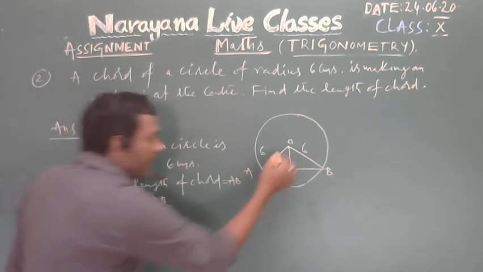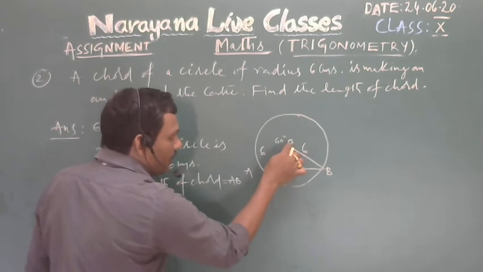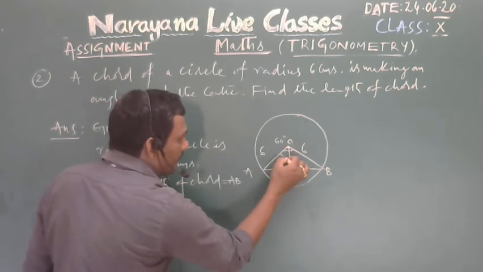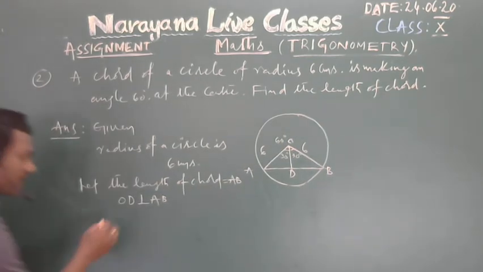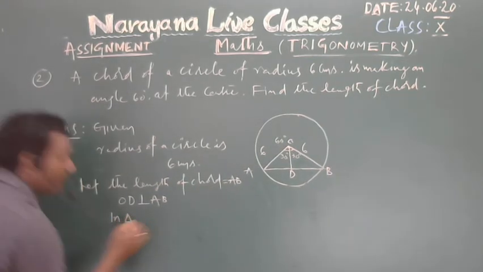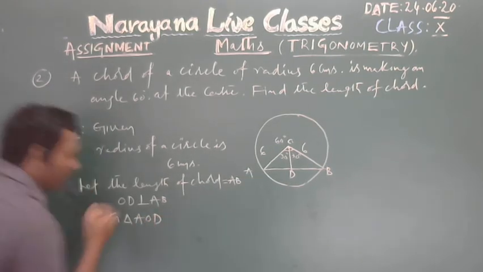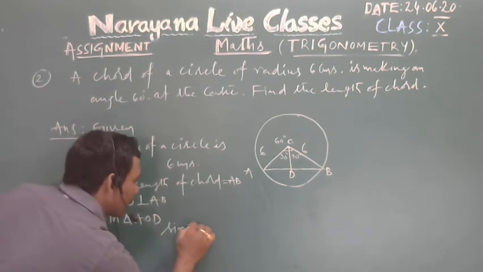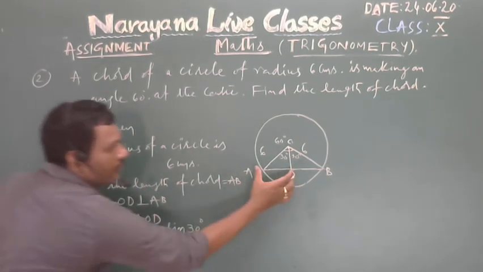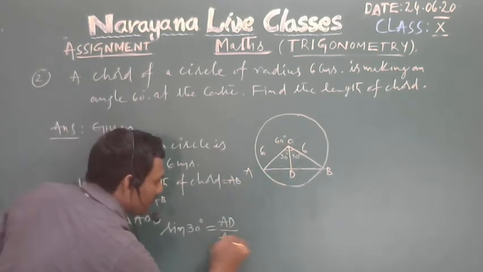Now the angle at the center of the circle is 60 degrees. So the bisector OD divides it into 30 degrees, 30 degrees. Now in triangle AOD, sin 30 degrees equals opposite side by hypotenuse.